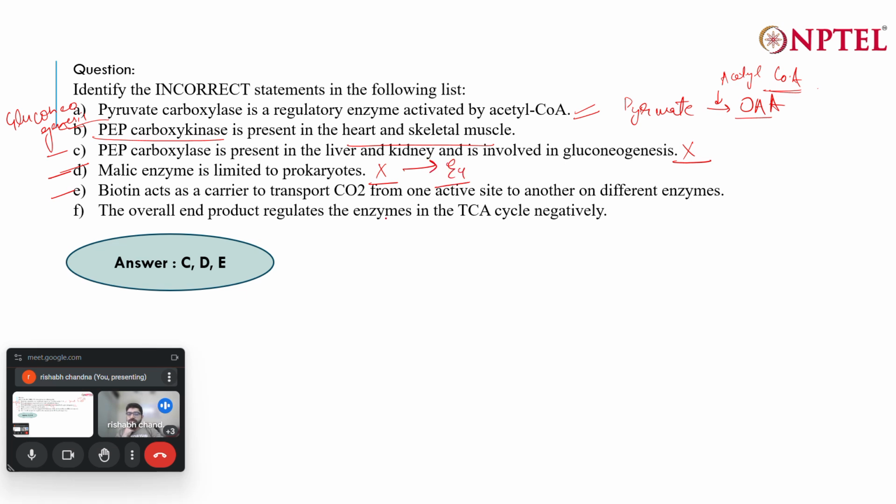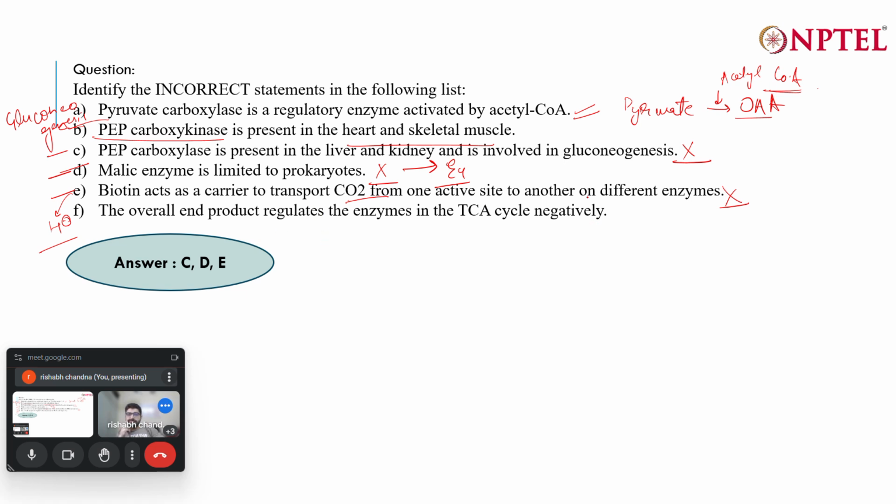Then biotin acts as a carrier to transport CO2 from one active site to another and on different enzymes. No, biotin actually acts as a carrier for transfer of the hydride ions. Okay, so it doesn't transfer carbon dioxide. The overall end product regulates the enzyme in the TCA cycle negatively.